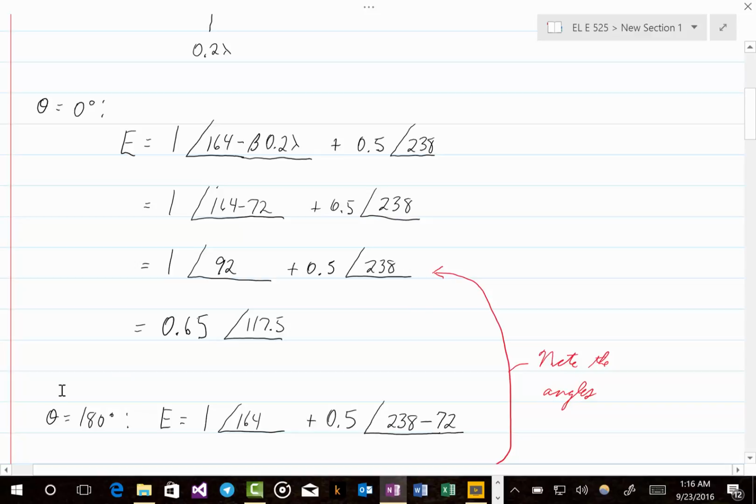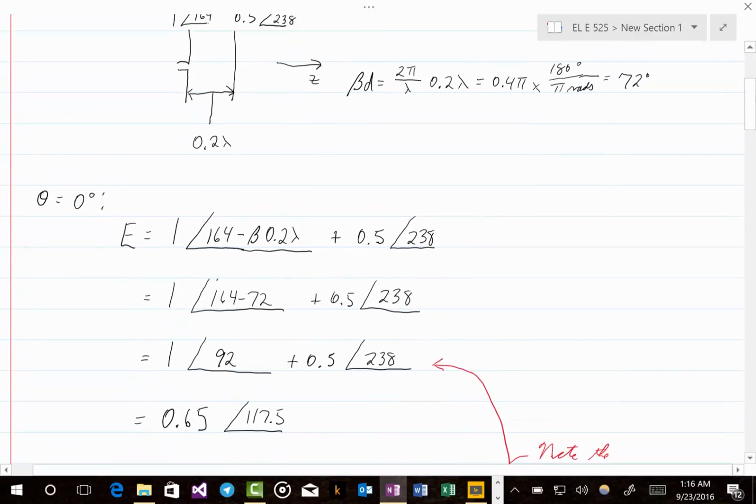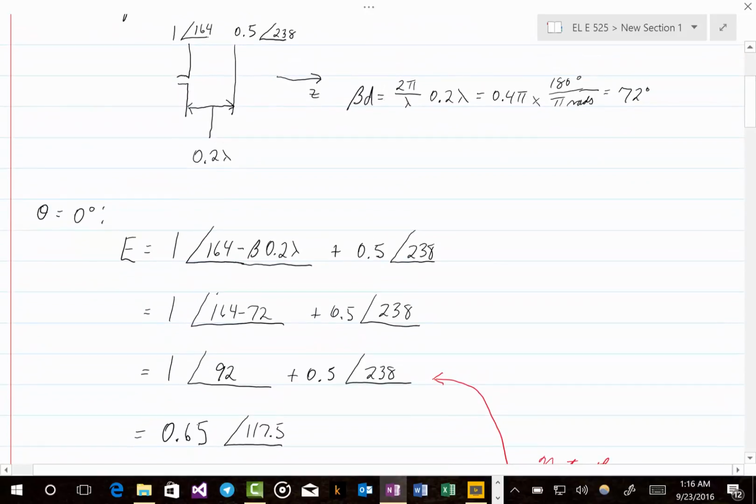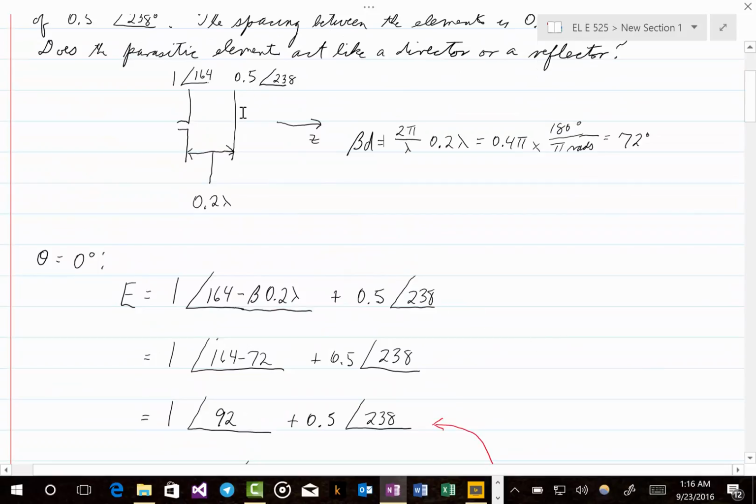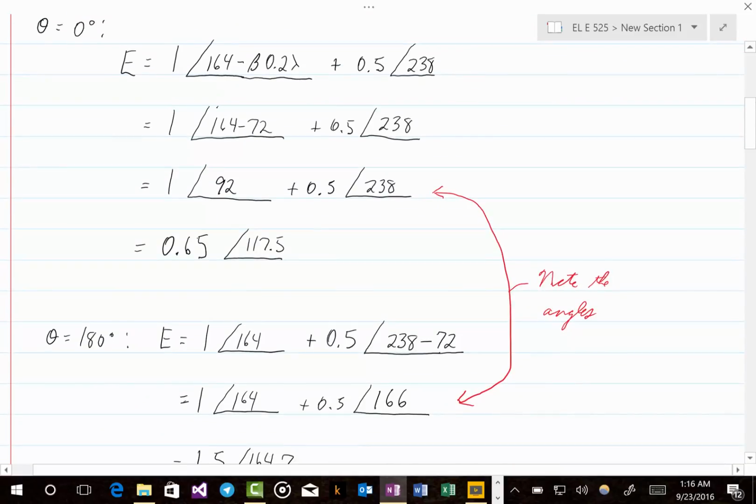Now let's calculate the pattern in the theta equals 180 degree direction. So again, referring to the figure here, we have the field of this driven element, which is 1 at an angle of 164 degrees. And then we also have the field of the parasitic element, which will be 0.5 at 238 degrees, but then we once again have to subtract the phase shift, which is 72 degrees.